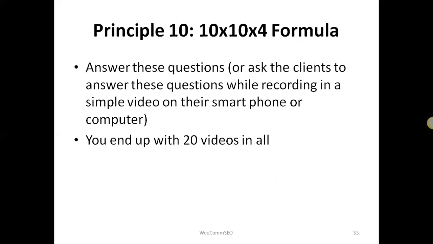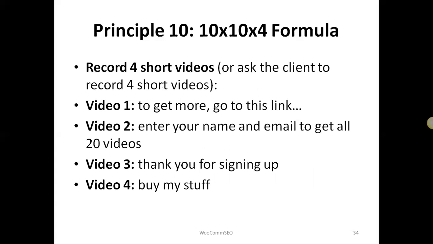You can also ask your client to help you answer these questions. But if they are busy, you need to do the research yourself. So you end up with 20 videos or articles in all. You record, or the client records, 4 short videos. The first video is to get more: go to this link.